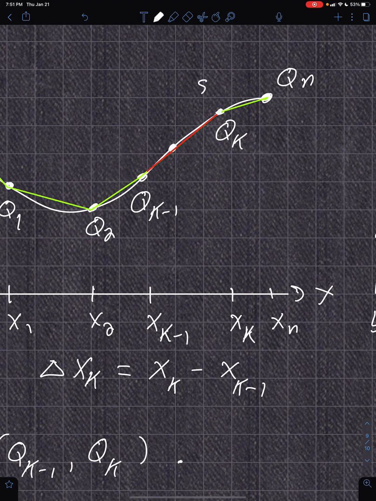You have basically x sub k and f of x sub k, and then this value here would be the same thing with k minus 1: x sub k minus 1 and f of x sub k minus 1.